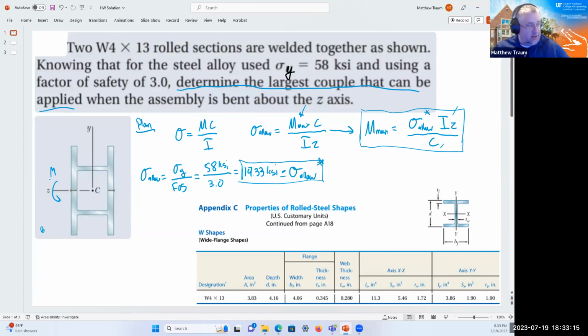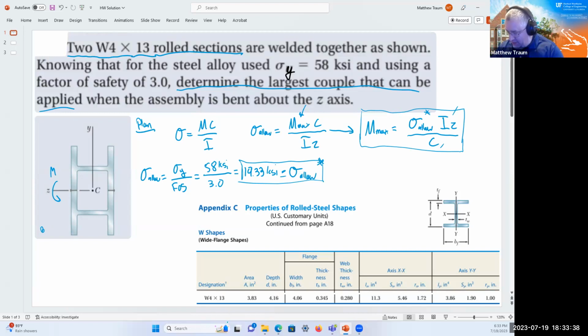The second piece that I have to sort out is this I value, this I sub Z. We're told that we have two W4 by 13 rolled sections, and we're given in the problem statement Appendix C from the textbook. I've basically simplified it here.